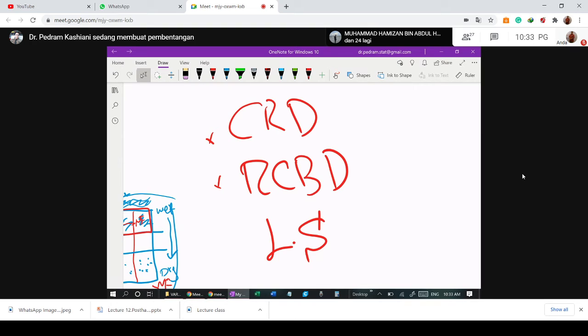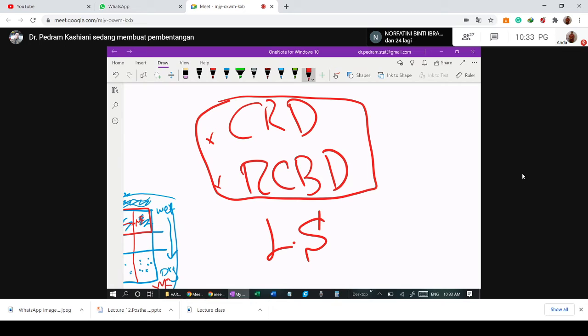But is it possible I do one experiment and have both of these together? Yes. This is what we call factorial arrangement. Factorial arrangement I only discuss for these two. For Latin square, you don't need to use factorial in this class. It will be complicated. But these two are very easy.